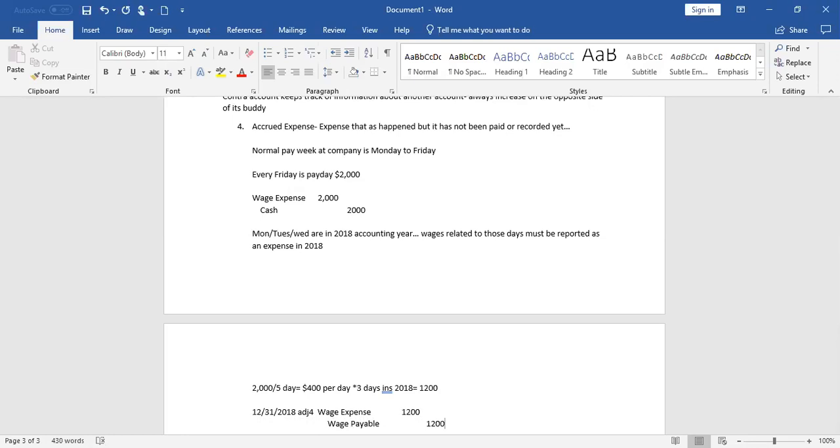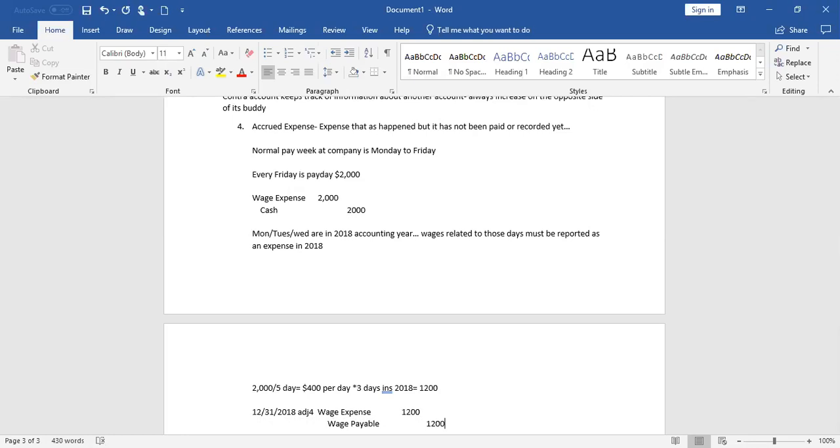Okay, so it doesn't matter when we pay the employees, it matters when did we receive the service. Just like the utility bill, it doesn't matter when we pay the utility bill, it matters when did we receive the service. We've got to get it recorded as an expense then.